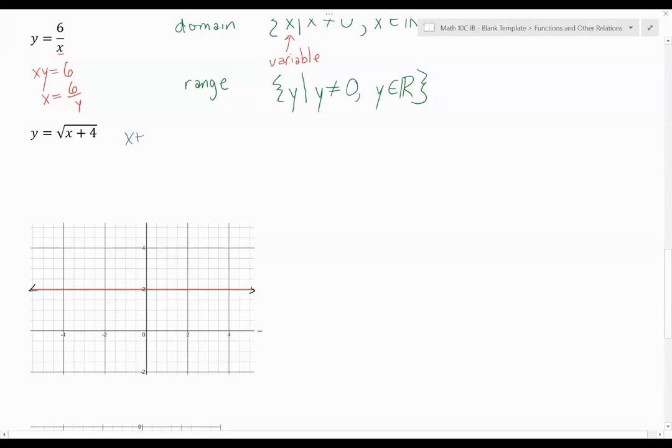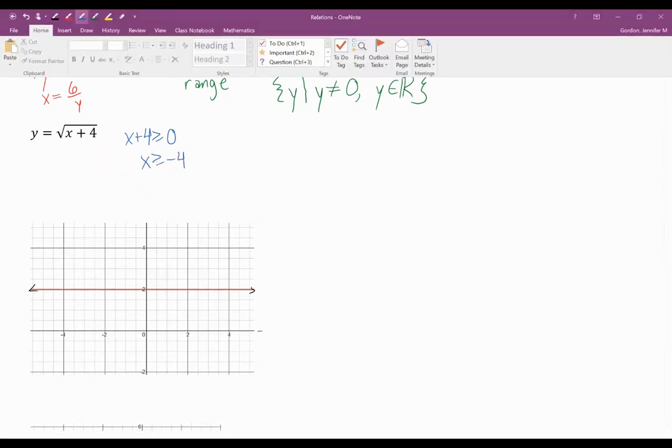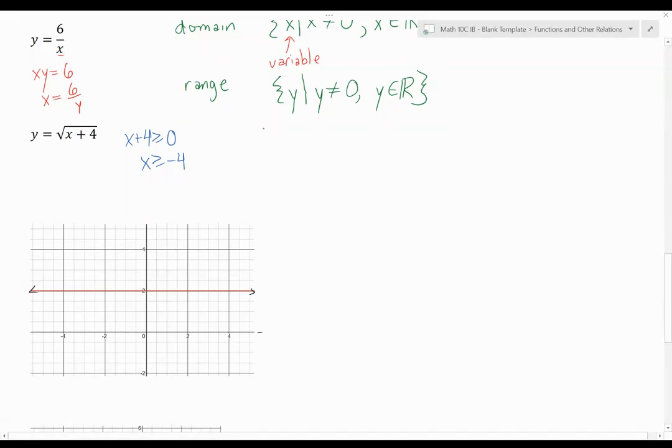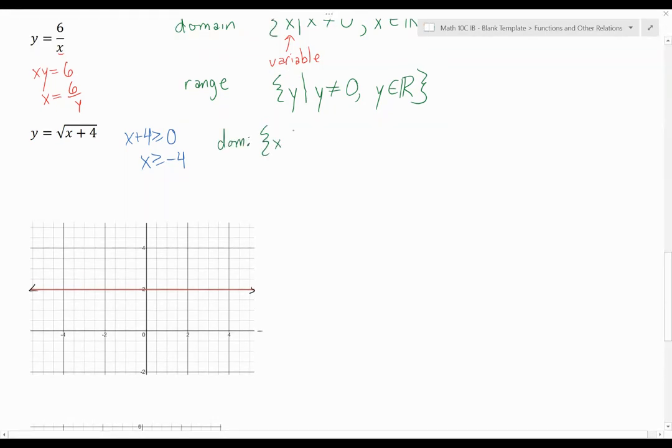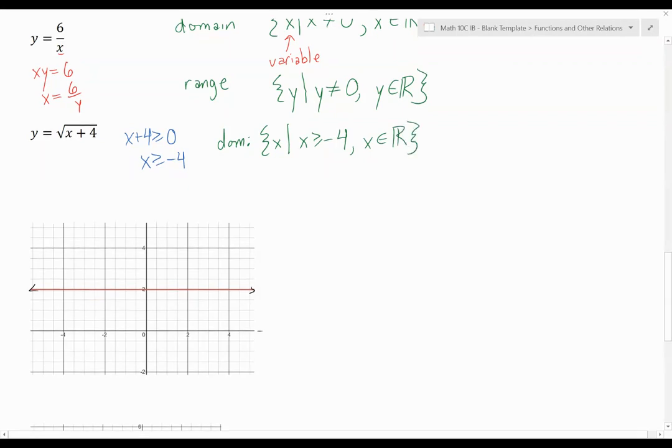So x plus 4 has to be greater than or equal to 0 for this square root to give me a real number, which means that x has to be greater than or equal to negative 4. Well, that means that I can write this in set notation. My domain is x such that x is greater than or equal to negative 4, and x is a real number. So any real number greater than or equal to negative 4.